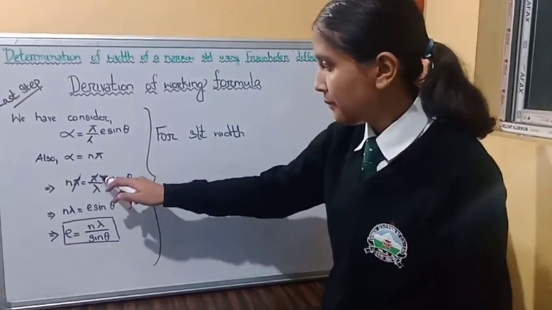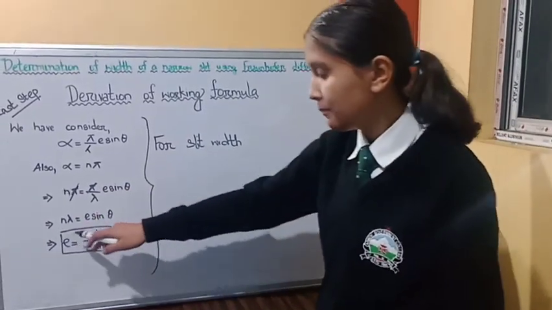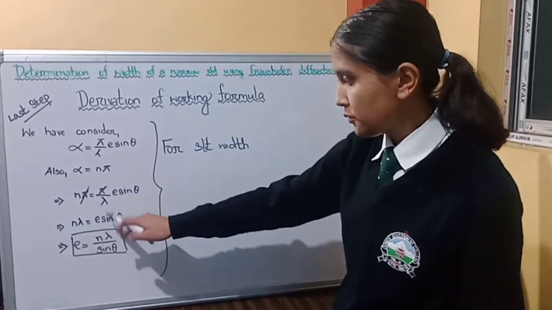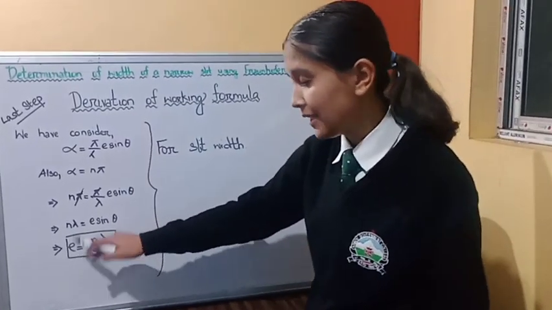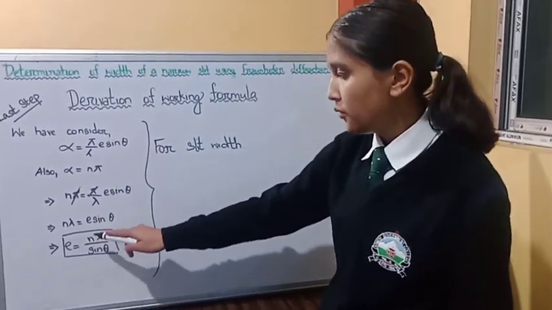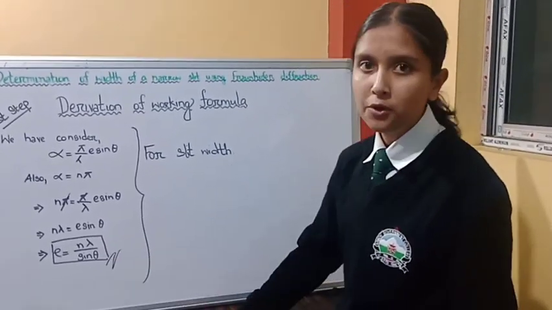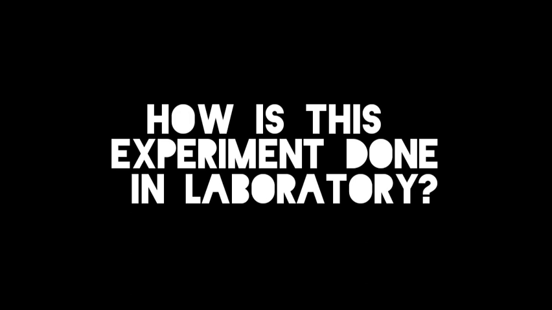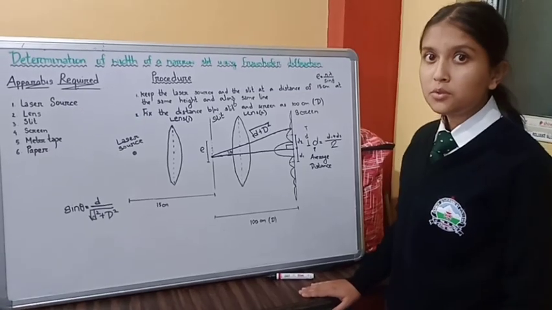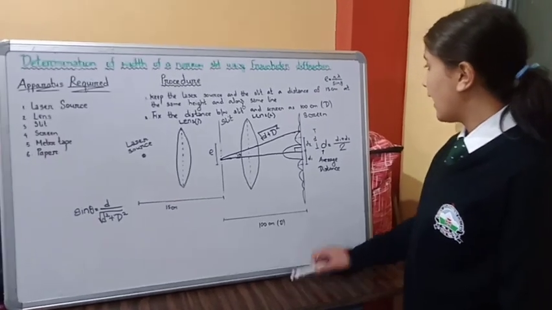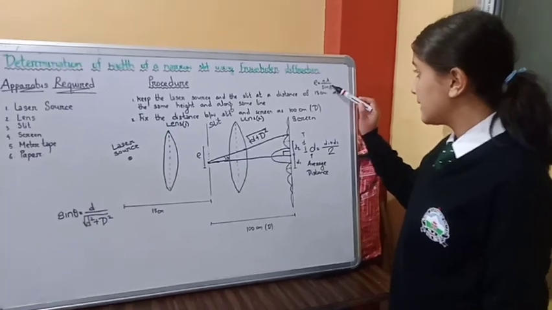I have cancelled this pi and pi out. So this will imply n lambda is equal to e sin theta. So e, that is our slit width, is equal to n lambda by sin theta. So this is our working formula. We just got our working formula as e is equal to n lambda by sin theta.